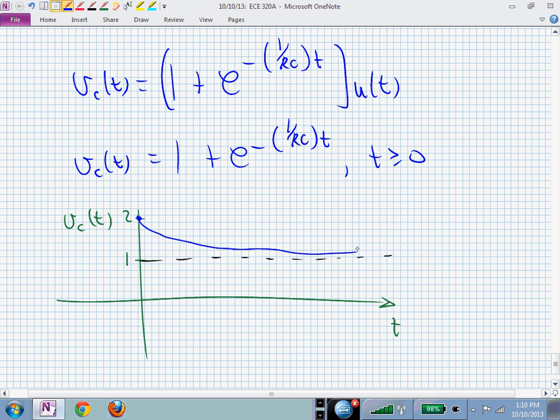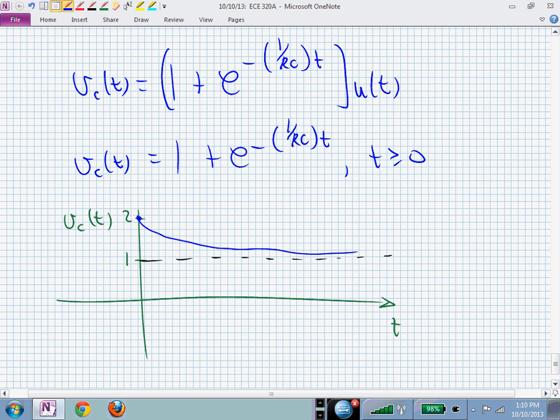That's supposed to be a smooth curve, exponential. Now, for all practical purposes, how long do we have to wait before we get to 1? How long do we have to wait before we get to our final value? We're approaching 1, aren't we?